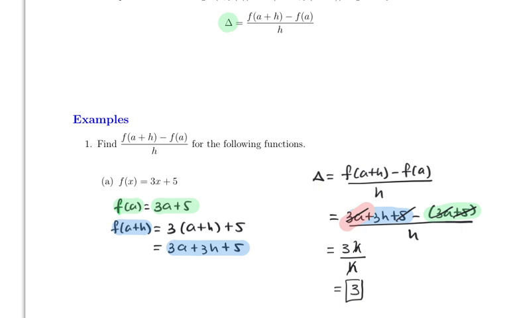Now, I told you this is the most basic example, and there should be no surprise at all that the answer is 3. Actually, if you didn't get 3, you knew right away this is wrong, for this reason. Recall, we did this the first day of class, that you have y equals mx plus b, right? And if you have that, this is automatically the slope, the number in front, right?